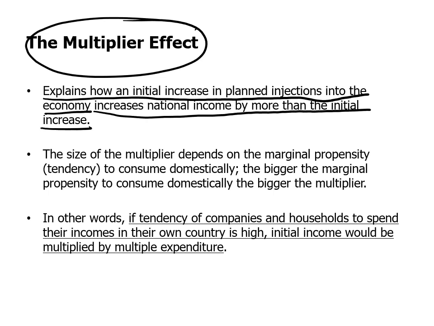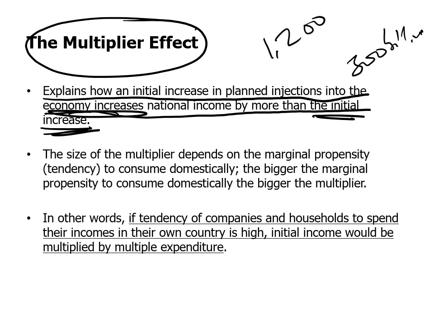So say we increase national income by, let's just say 300 billion, but the final increase in the economy is greater than this initial 300 billion. The total increase at the end of the day might be, say, 1.2 trillion. So that's what we mean by the multiplier effect.